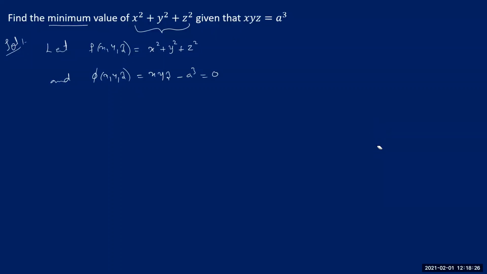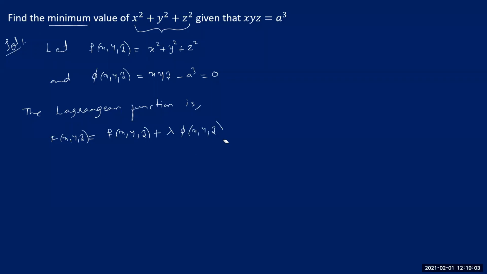Now, after identifying these two, I'm trying to form the Lagrangian function. The Lagrangian function is capital F is equal to small f of xyz plus, because you have only one constraint, simply lambda times phi of xyz.